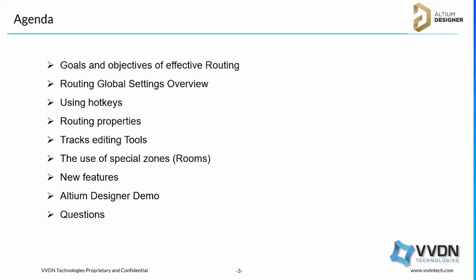Generally, in routing there is a quote or sentence like 90% placement and 10% routing. But we know that the 10% is also not an easy job, because it depends on the board complexity or density, and we have to consider many things like what interfaces are there, and what different constraints and rules have to be followed.